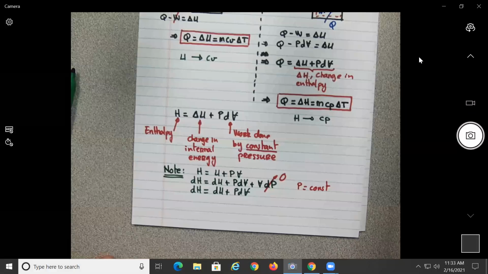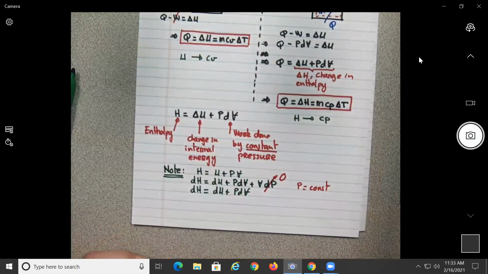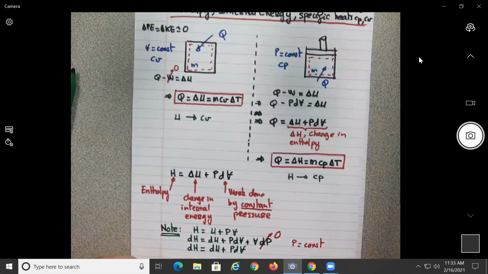Now, because of the problem the other day, which was involving the specific heat relations, I'm going to give you the specific heat relations now.